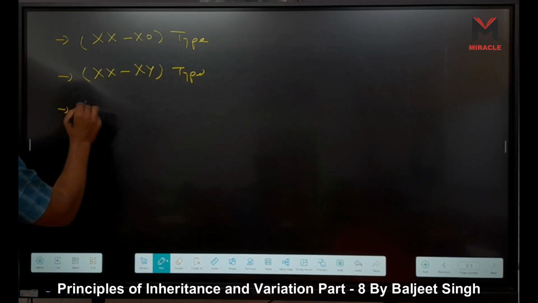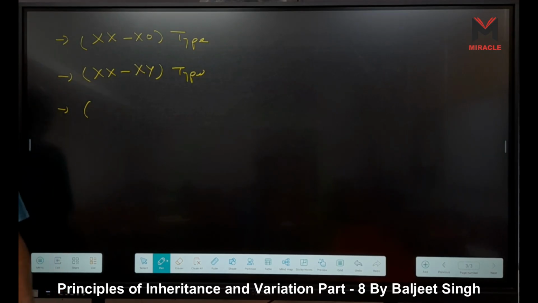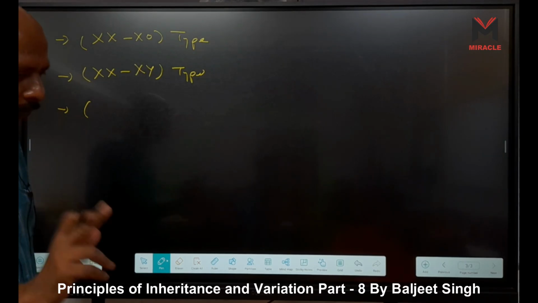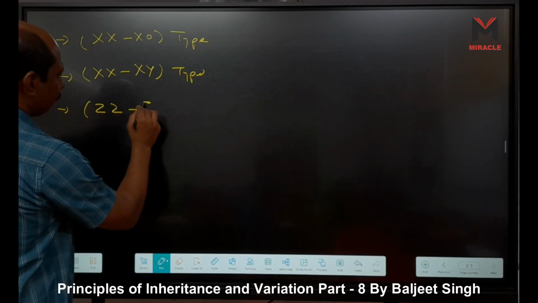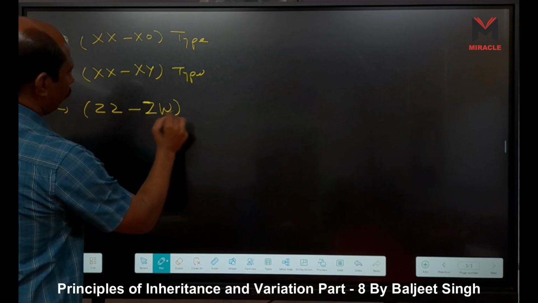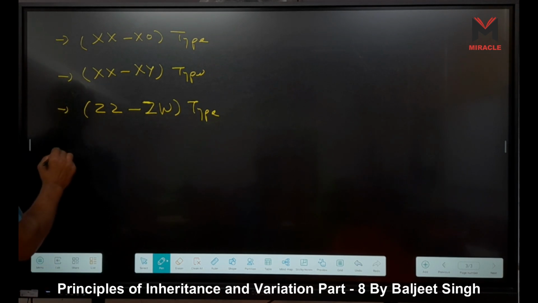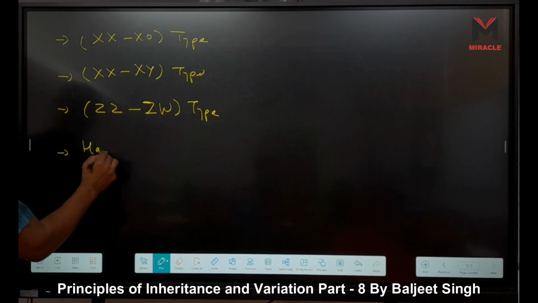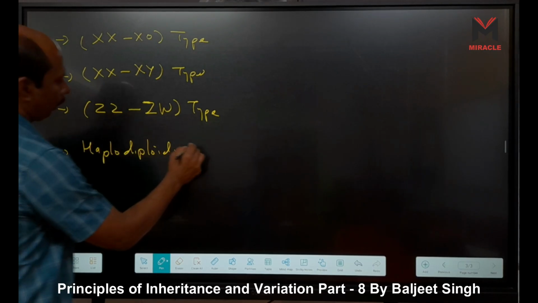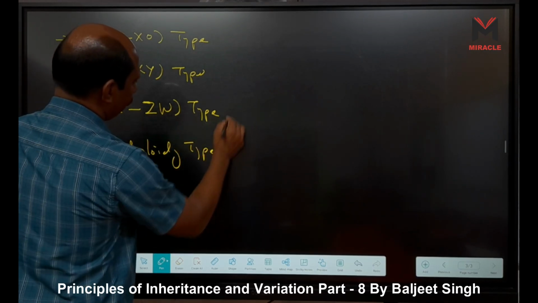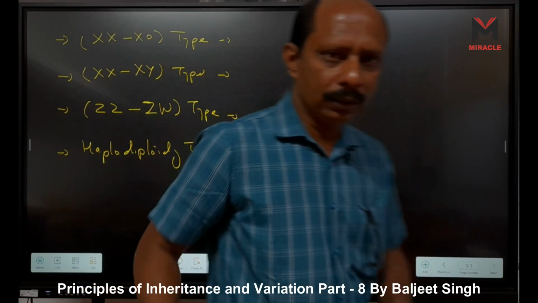Third we read here ZW type, female heterogamety. And last we understood here haplodiploidy type. These are the four types of sex determination which we read in this chapter.